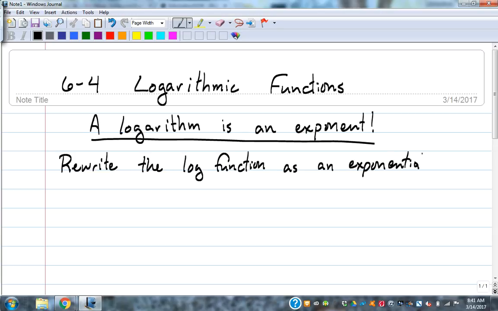One of the key things with math is a lot of times when we learn something new, we try to make it look like something we already know about. We've already talked about exponential stuff, so as we're learning logs, we'll take the logarithm and turn it into an exponential. Then we'll go the other direction and turn the exponentials into logs.